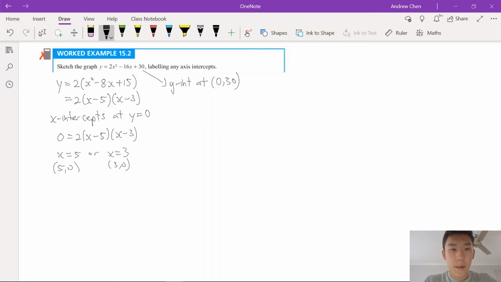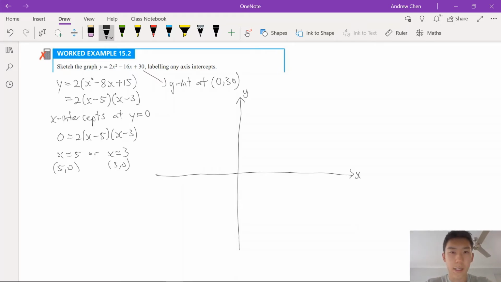And okay, it doesn't actually need any more information right now, so let's just graph this. Alright, so draw up a set of axes here. Label your x and y axes. Determine your scale. Maybe I just go up in tens on my y-axis, because there's my y-intercept, (0, 30), and nice and wide on my x-axis.